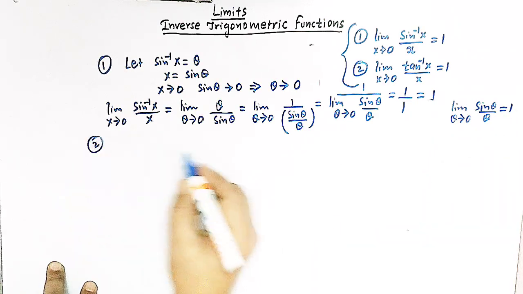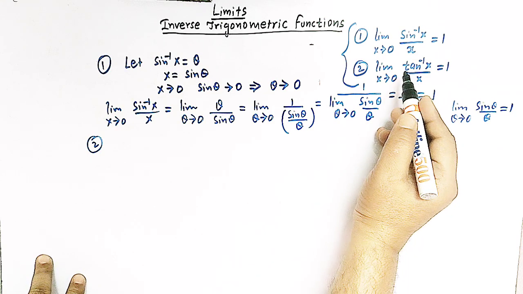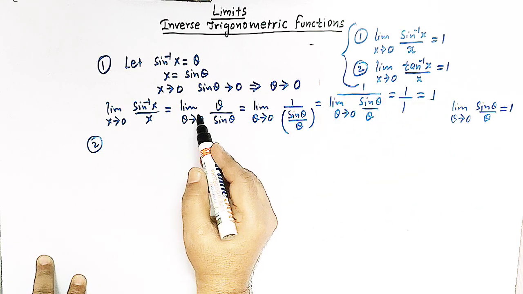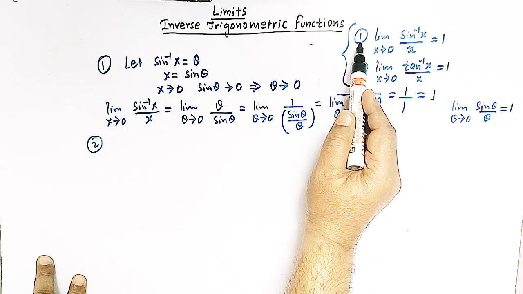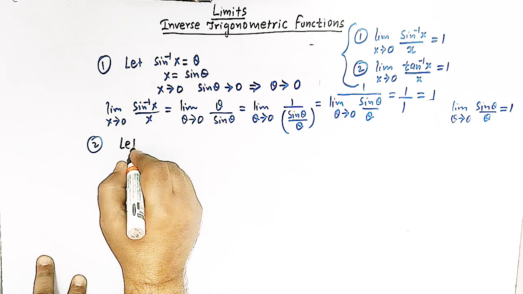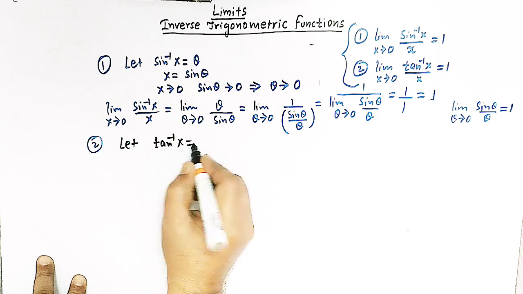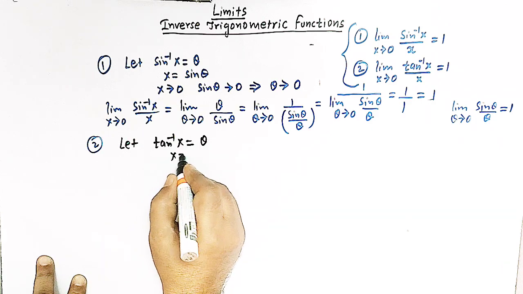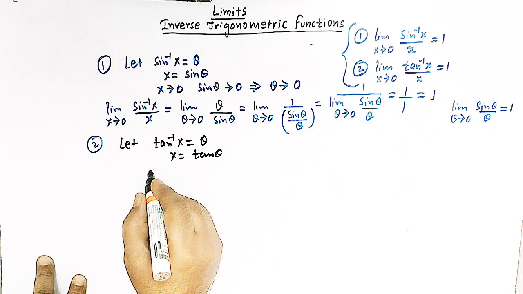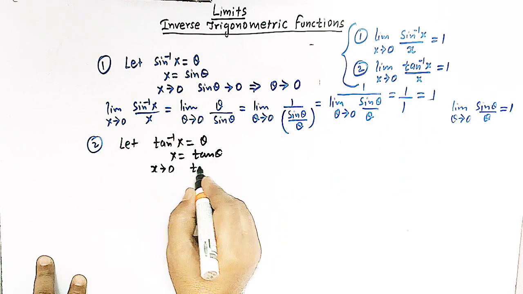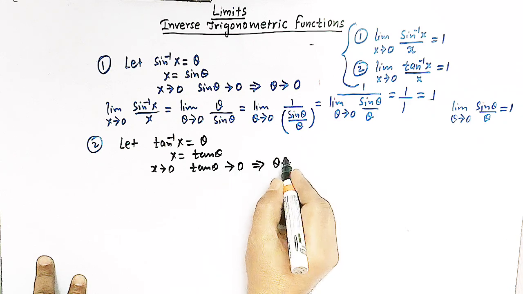Let us now prove the second result. To prove this result, we'll follow the same steps which we followed while proving result 1. Here we'll make the substitution tan inverse x is equal to, say, theta, so that x is equal to tan theta, and when x tends to 0, tan theta tends to 0, which implies theta tends to 0.